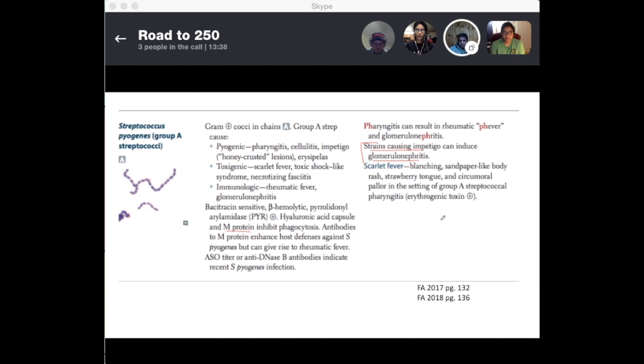So those diseases can happen, but both will not happen in the same person. They'll get one or the other. This ASO titer will come into play a little bit later. And again, phagocytosis by the capsule and the M protein. So I've kind of covered everything else on this slide. Any questions about this?